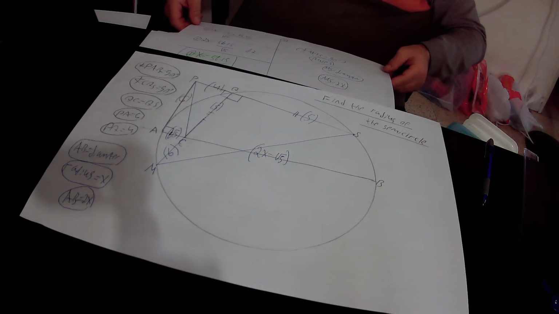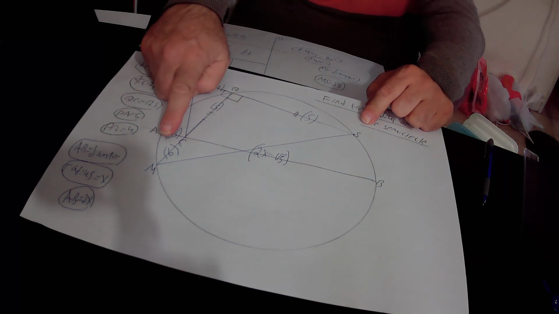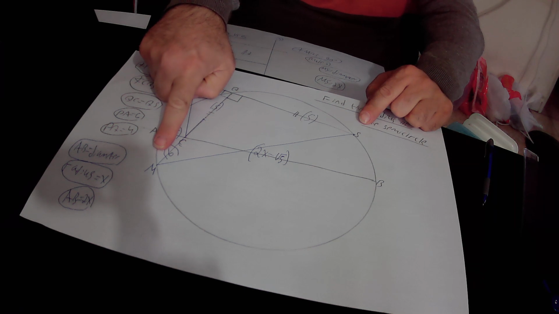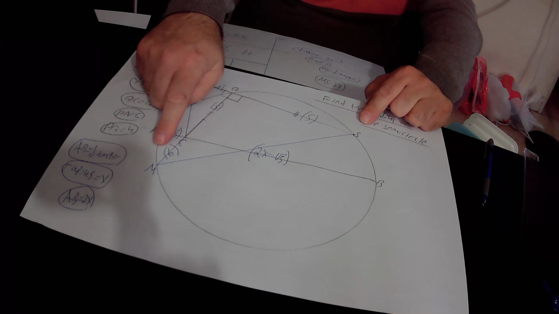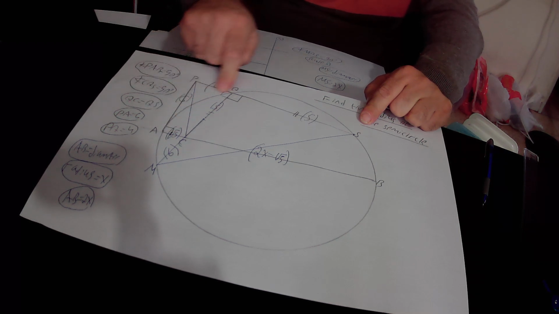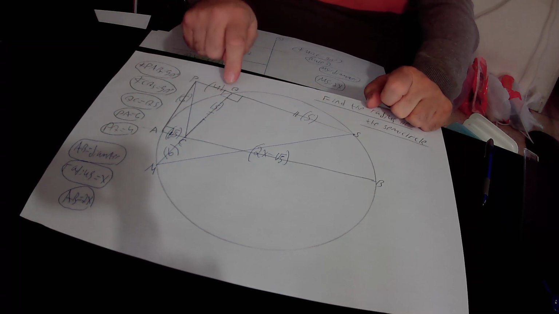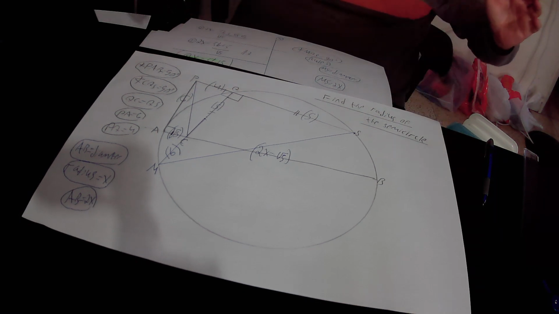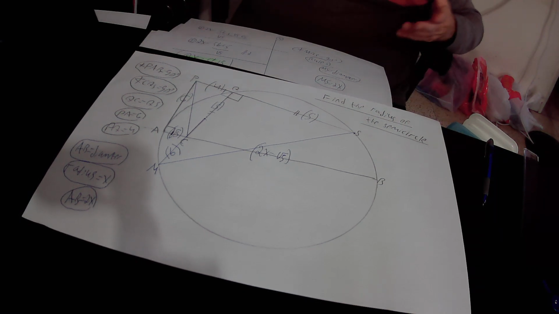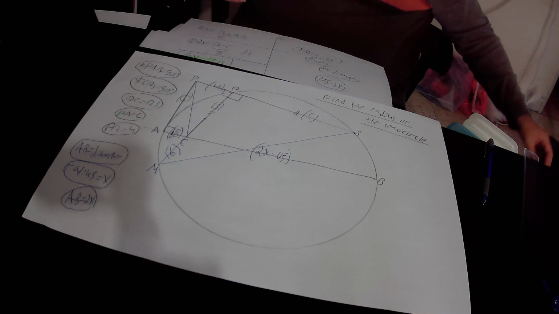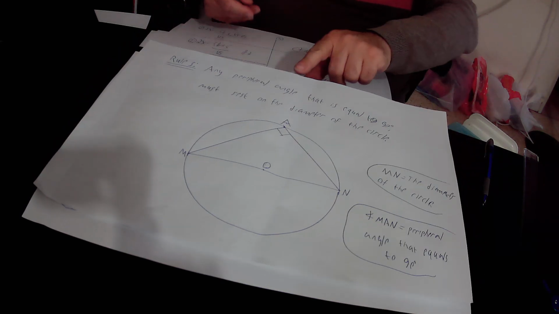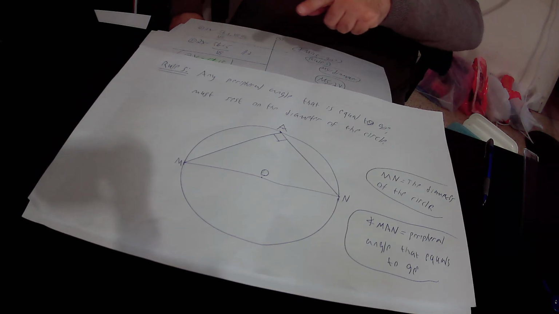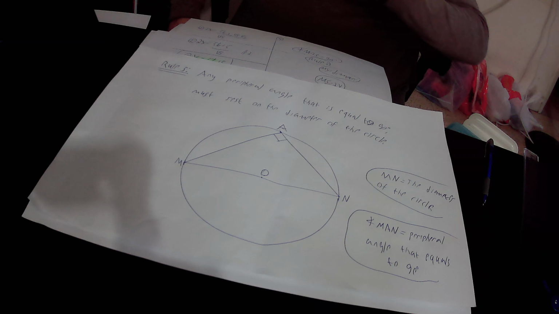In the next step, we join points S and M together by a straight line. So, in the drawing we have peripheral angle MQS. This peripheral angle MQS equals 90 degrees in size. And we have rule number 5 that relates to any peripheral angle that is equal to 90 degrees. According to rule number 5, any peripheral angle that is equal to 90 degrees must rest on the diameter of the circle.